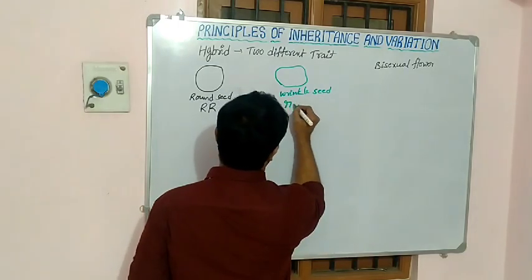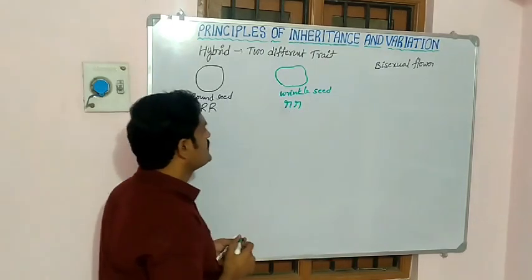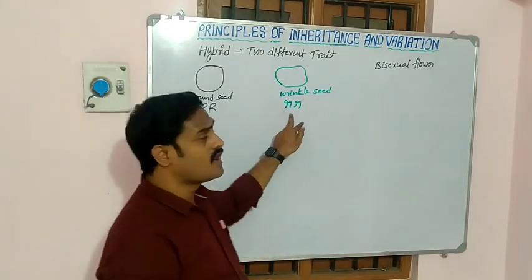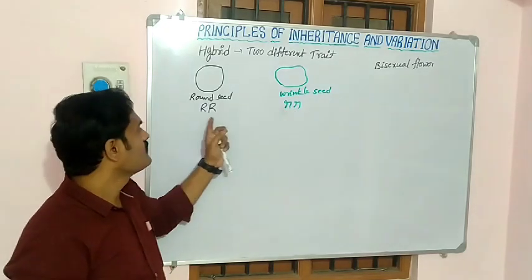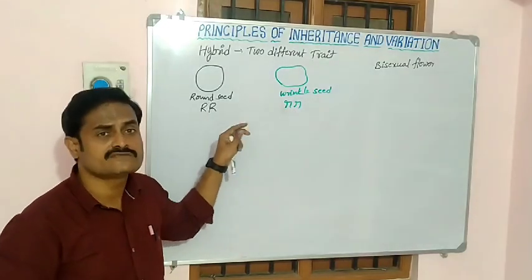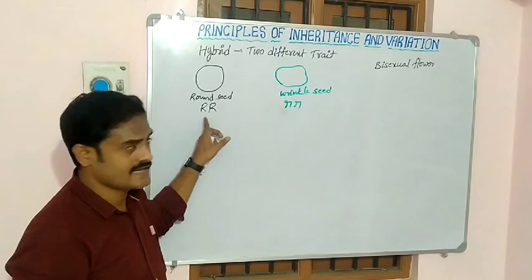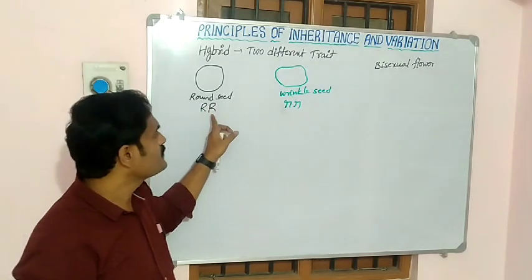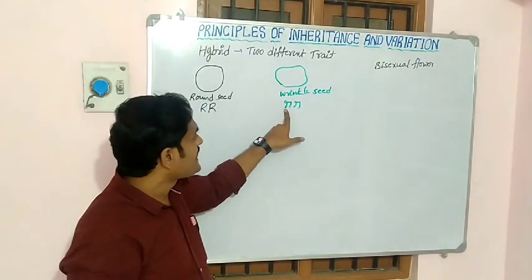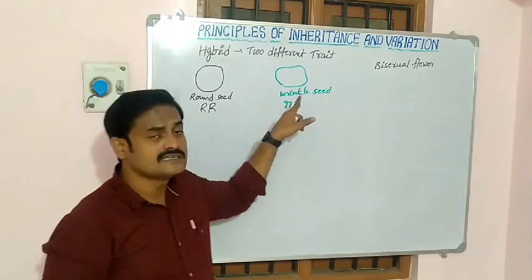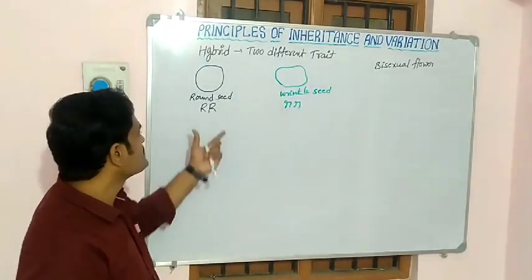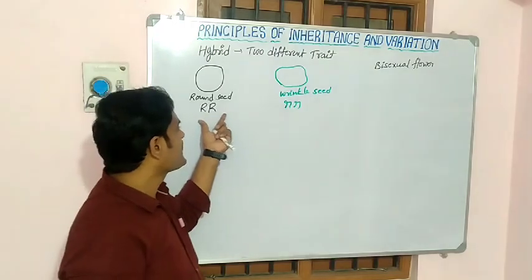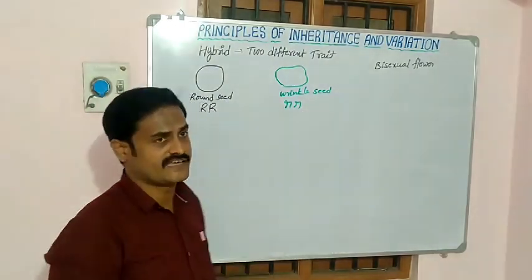See, the wrinkled seed we represent with small letters. Why? It is a recessive character. Always the dominant characters we represent with capital letters, and the opposite trait we represent with small letters, which are recessive. Remember, these are the dominant character, these are the recessive character.